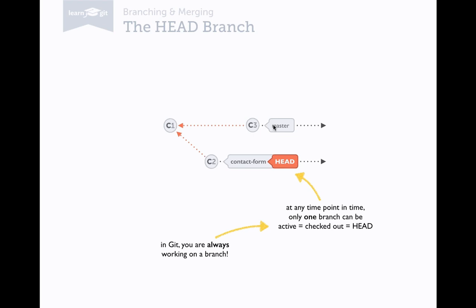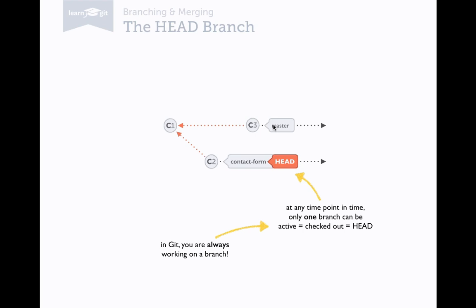When talking about branching, we need two more terms so we can talk. One is the head. At any point in time in a project, one and exactly one branch is the currently active branch, the checked out or the head branch.